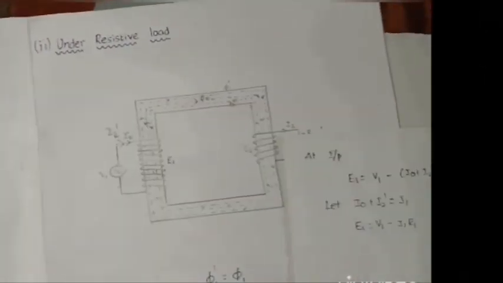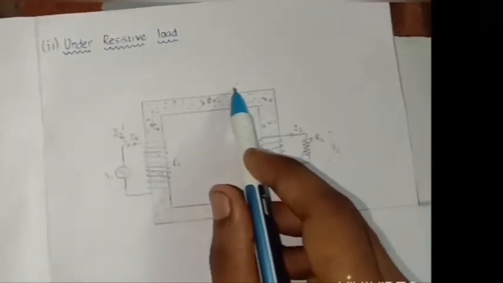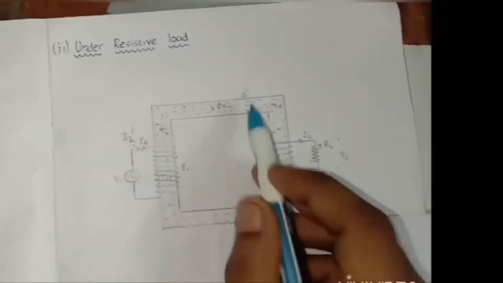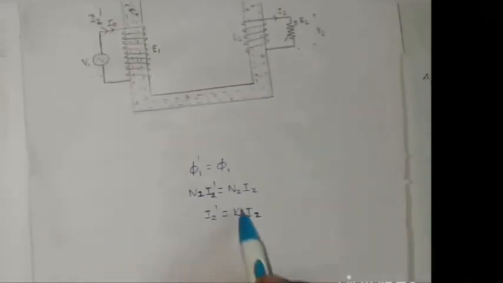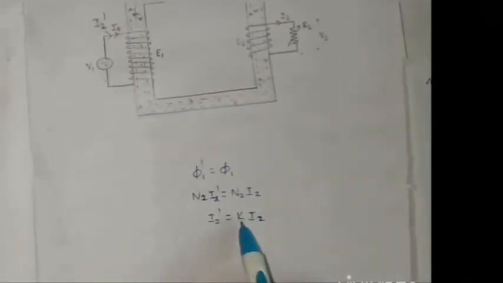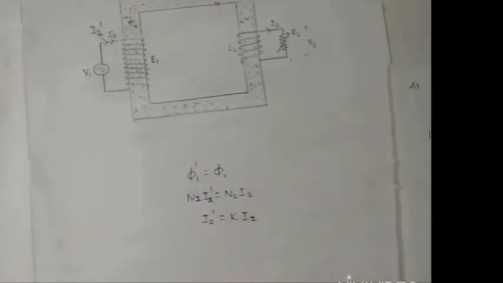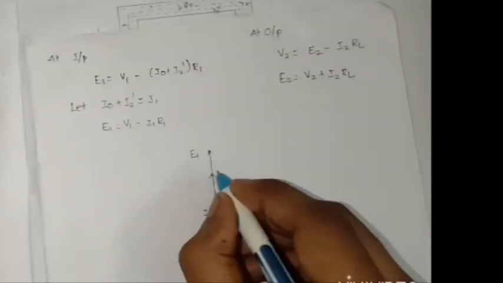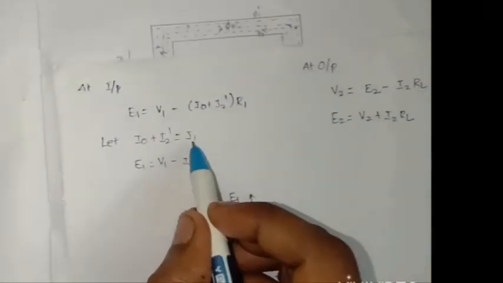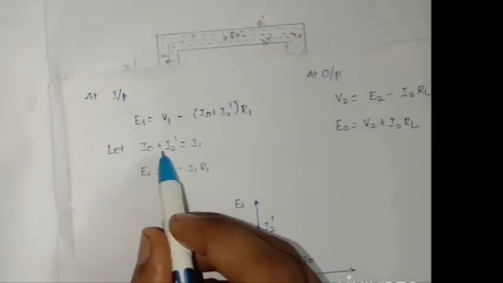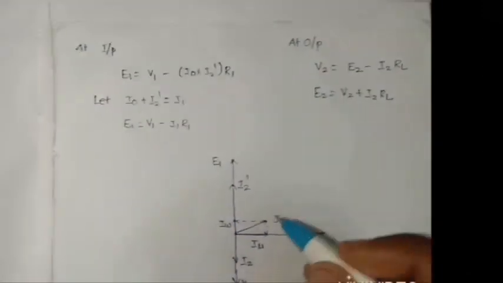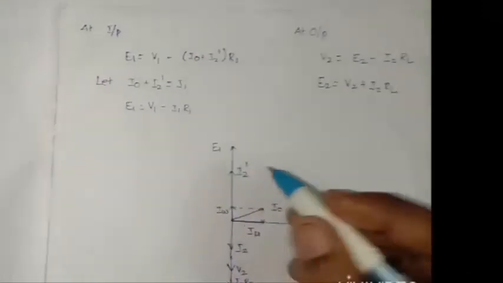As phi1 dash and phi2 are in opposite phase but are equal, here I2 dash and I2 are equal by a factor K and are in opposite phase. So I can write I2 dash opposite to I2. Here we have taken I1 as the summation of I0 plus I2 dash. So we can write I1 as the resultant of I0 plus I2 dash.